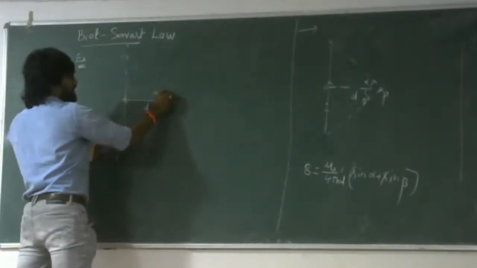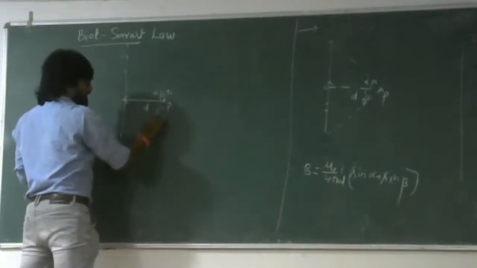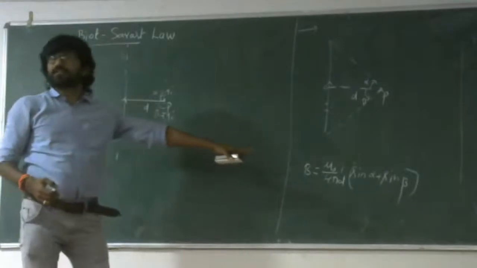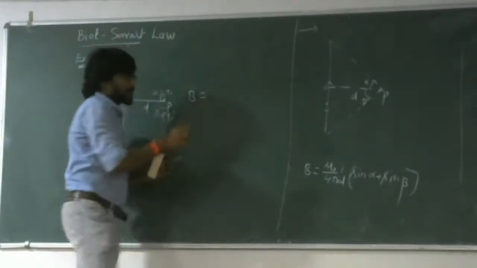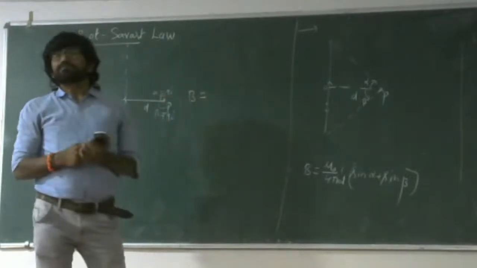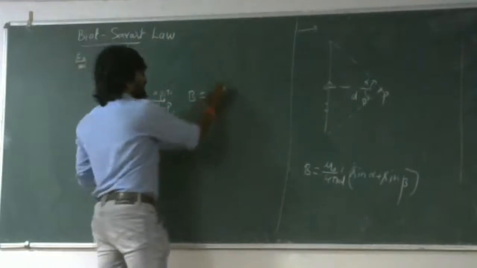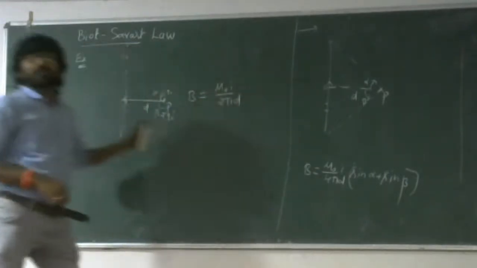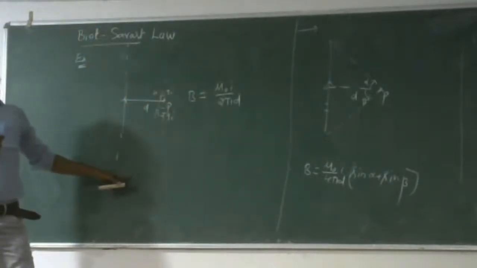So alpha is equal to 90 degrees or pi by 2 radian, and this line also looks parallel, so beta is also equal to 90 degrees. And if you substitute these angles there, B is equal to mu naught I by 4 pi d into (sin 90 plus sin 90), which is 1 plus 1, 2. So we get mu naught I by 2 pi d as the magnetic field due to an infinite thin current carrying conductor.